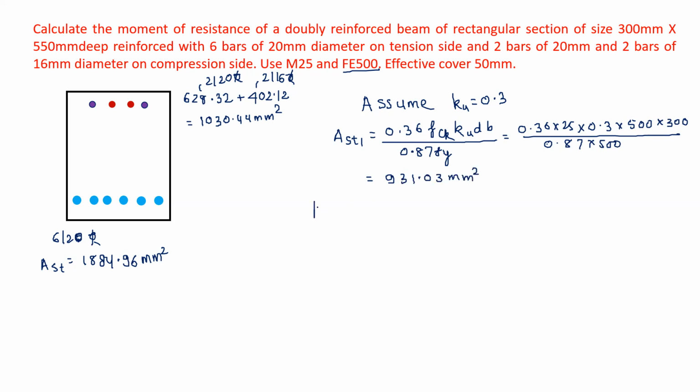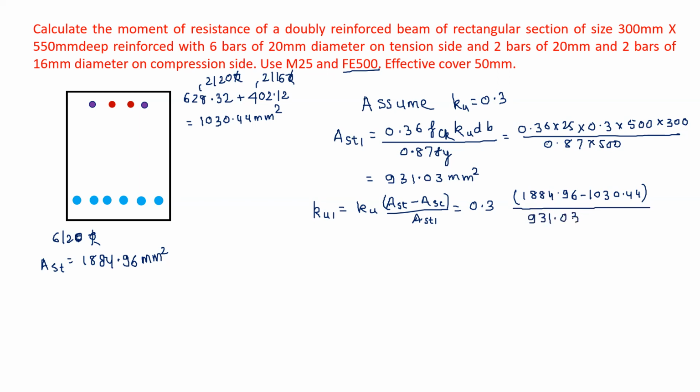Then find Ku1 for the first trial, which is equal to Ku into (AST minus ASC) upon AST1. Now Ku is 0.3, AST is 1884.96 minus 1030.44, upon AST1, which is 931.03.